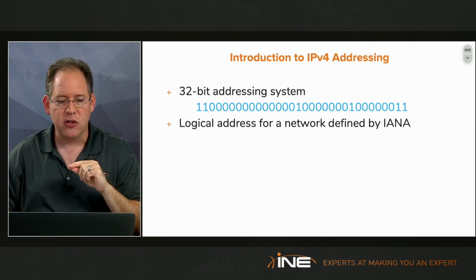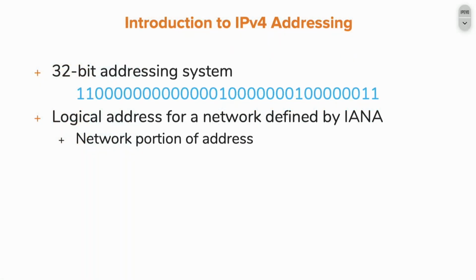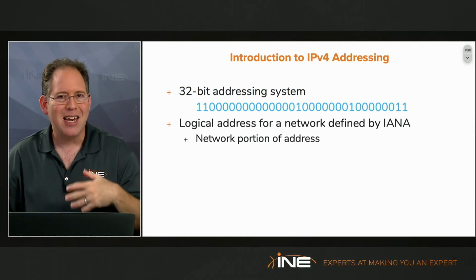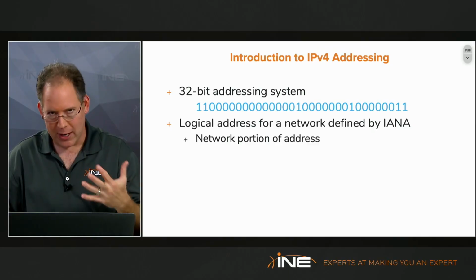So part of this address is going to be the network portion of the address. Your laptop or PC, when it sees this 32-bit number, has to be able to identify which of those bits represent the network that it's on right now.